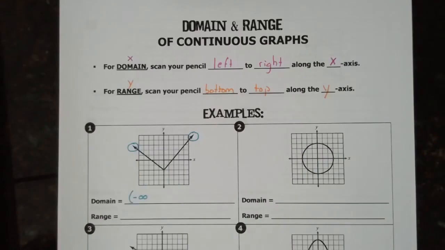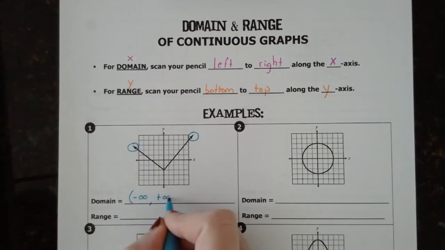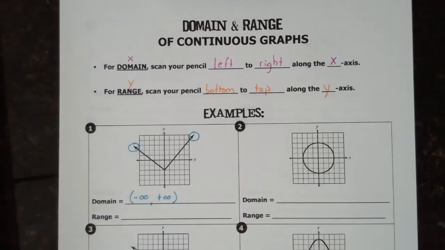Okay? And I hope you guys have seen this notation before, but if not, the parentheses just mean that it doesn't contain infinity, because you can't, and we'll see an example where it does contain the endpoint, and you'll see what we use. But for now, anytime you have arrows that go in both directions, your domain is going to be negative infinity to positive infinity.